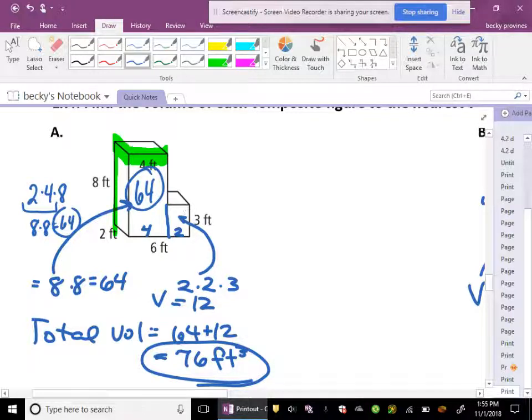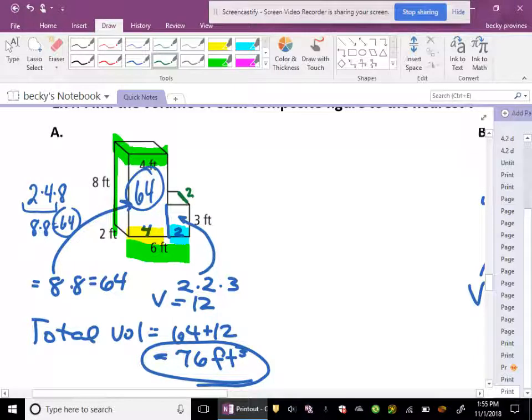On the right, we need to find the 3 dimensions. Now, if this little bit here is 4 and this entire length is 6, we know that the leftover part is 2 because 4 plus 2 is 6. Okay, so what 3 numbers do we have to multiply here? We're going to multiply the 2 times 3, and then this depth here is also a 2.